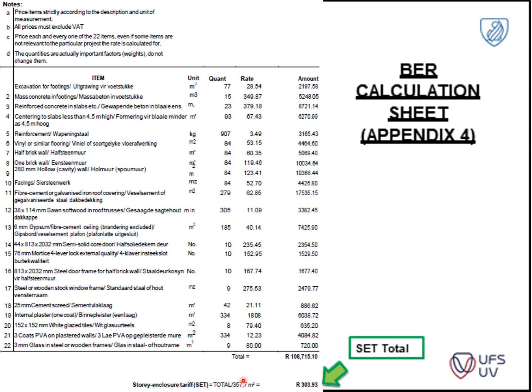Very importantly, when you divide this total, it's always by the standard provided here. In the example provided, you keep the quantities the same and only amend the rates to get to your new adjusted store enclosure total tariff, which is divided by the 357. It's based on a standard building whenever you're calculating your store enclosure tariff.